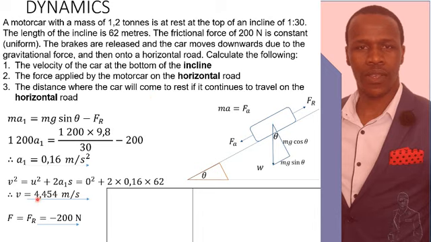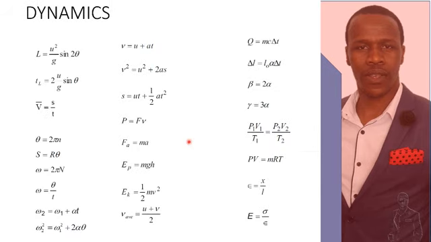Then the initial velocity is this one. The acceleration is not this one, because this is the acceleration for the slope. Now we need the acceleration for the horizontal road. So we still need to find that acceleration in order for us to find the distance. And the formula for acceleration, as always, is still fa is equal to ma.